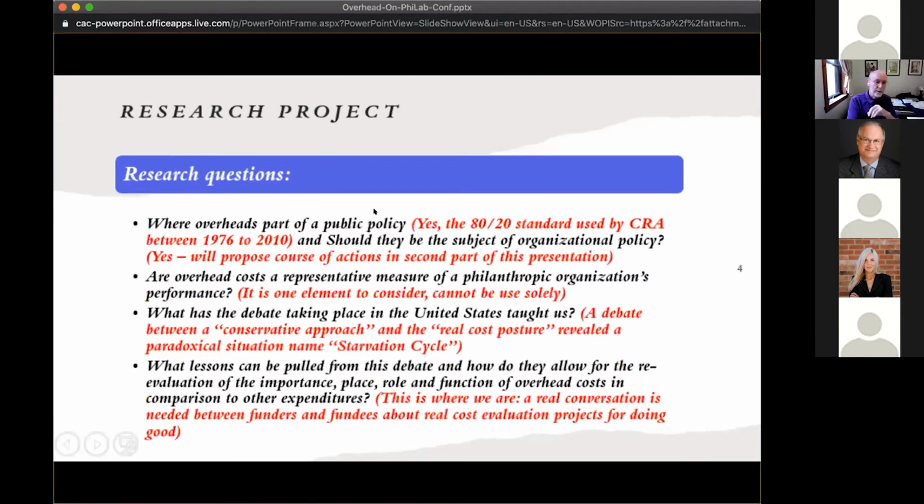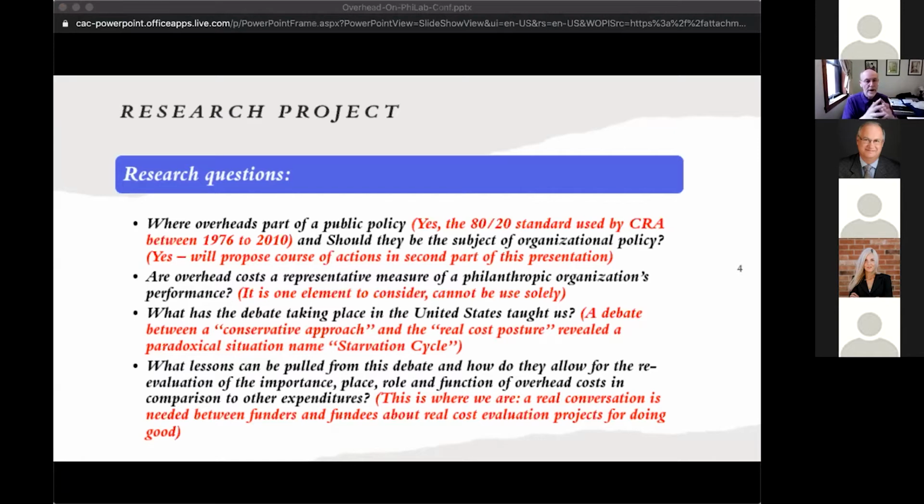Another question that was asked is, are overheads part of a public policy? The answer we had is no now, but it was yes before. For example, in the United States, they had a policy around 80-20, a kind of standard, 80% for operational cost and 20% for overheads. But that standard was only in use between 1976 and 2010.